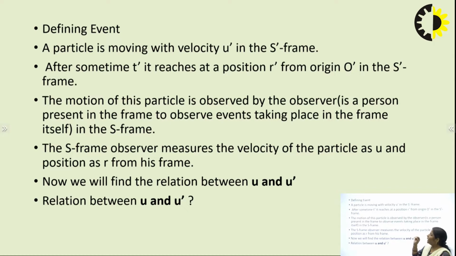And it is also important to specify why. Suppose we have specified that a particle is moving with velocity u dash in the frame S dash. This is clear, all right. So, what will happen? The motion of this particle will become relative for the S frame by default. We will come to this point.